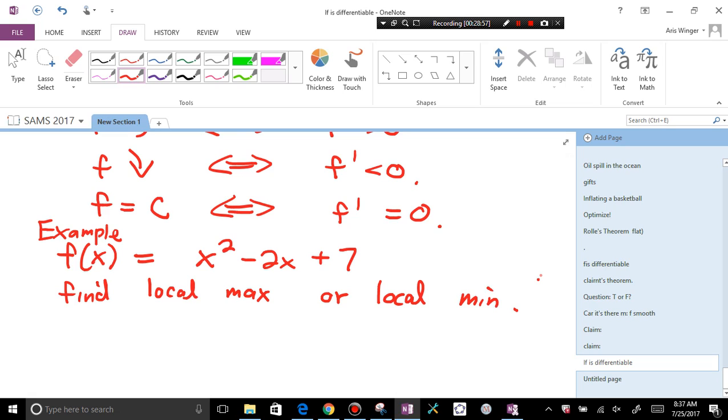If you're looking for humps, then the derivative needs to be 0 there. So let's go ahead and set the derivative equal to 0 and solve. Right?